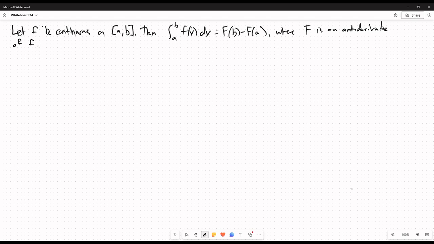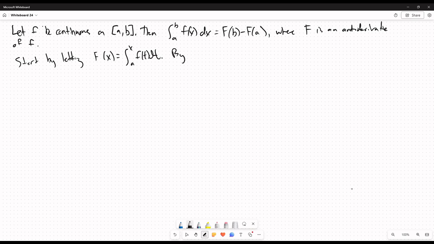So we're going to start by letting capital F of x be the integral from a to x of f of t dt.